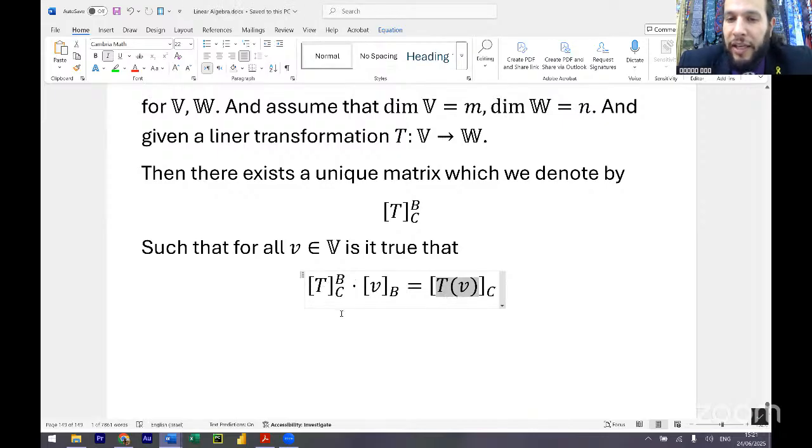So that's the theorem that says that every linear transformation is actually a matrix. Only we need to work with the coordinates in order to do so.